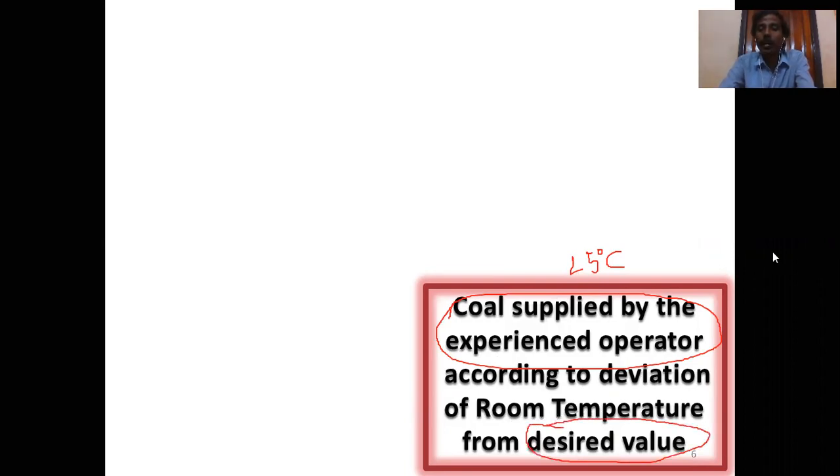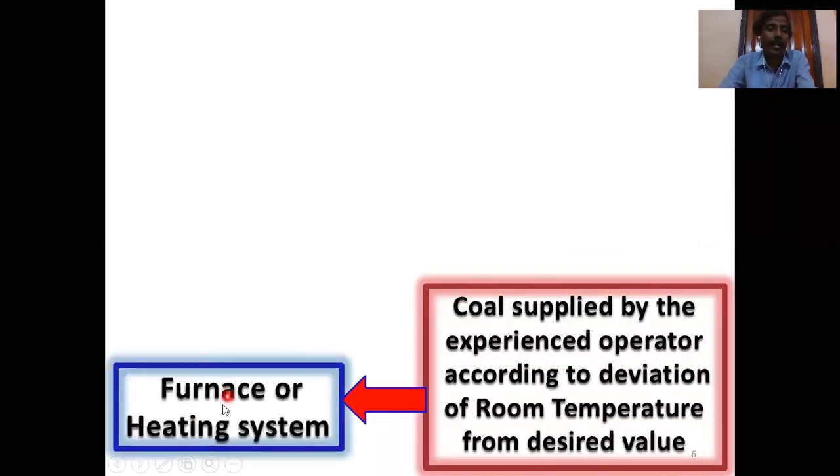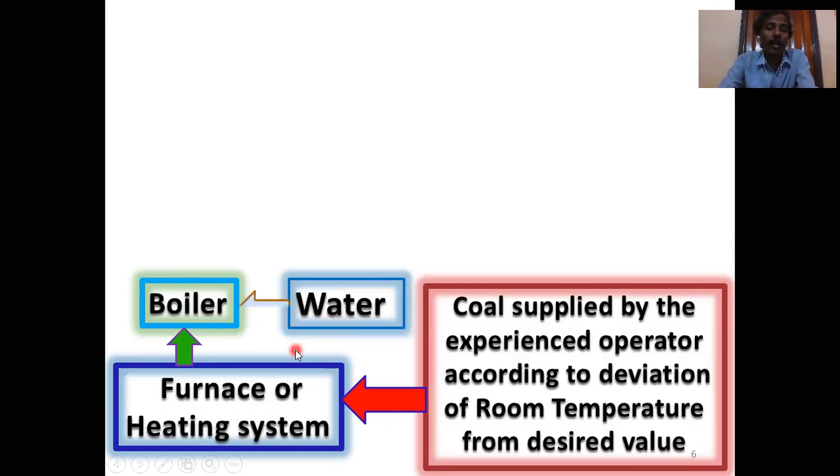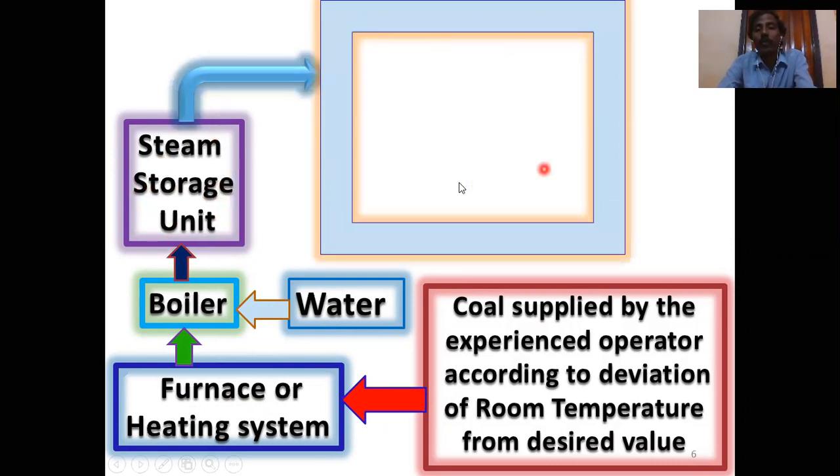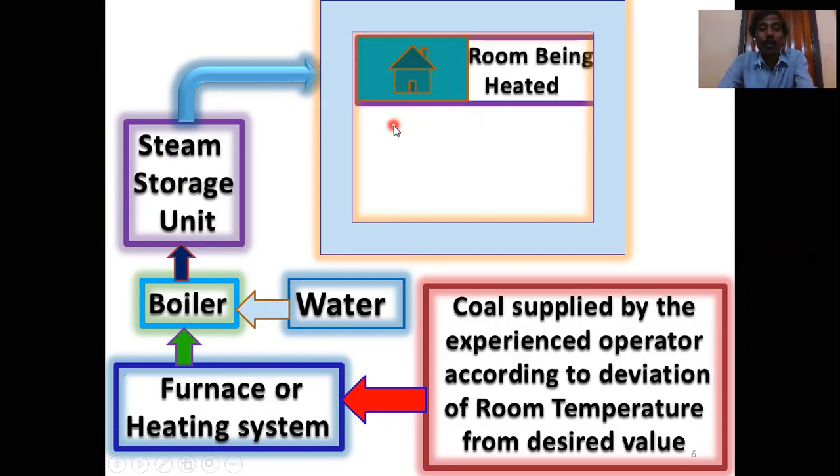Then this coal goes to the furnace section or heating system. After burning, this is the boiler, with the boiler level controlled by water, and the boiler steam storage unit. This is the steam storage unit, and this steam controls the room temperature. This is the room's required temperature, 25 degrees suppose.